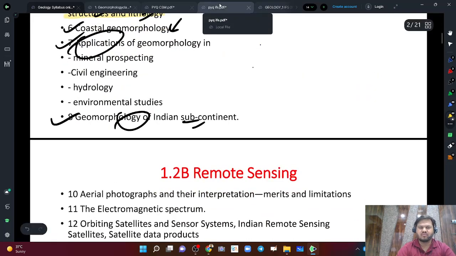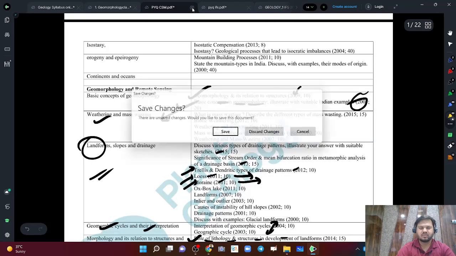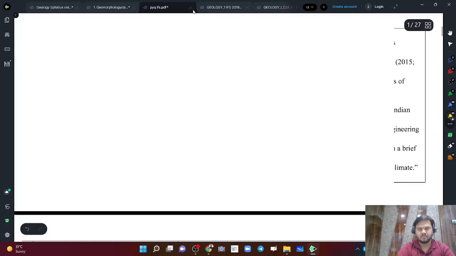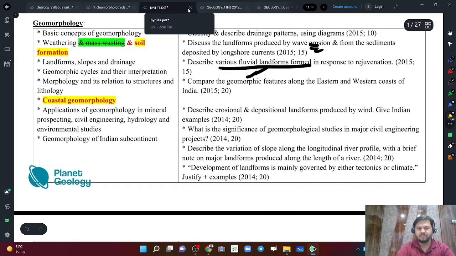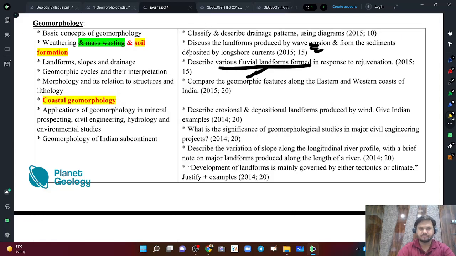So these are quite simple questions. I have shared these previous year questions also on the portal for forest services, and for civil services also I will share in this geomorphology course, right?